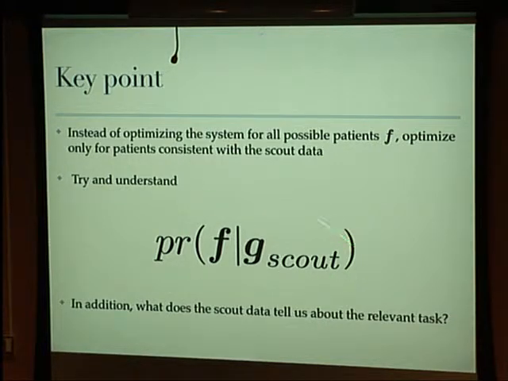This conditional distribution is the distribution of objects that are consistent with the scout data that we actually observed. In addition, what does the scout data tell us about the relevant task? I won't talk about that. But this is the distribution we're trying to understand: what's the distribution of the objects that's consistent with our initial measurements?